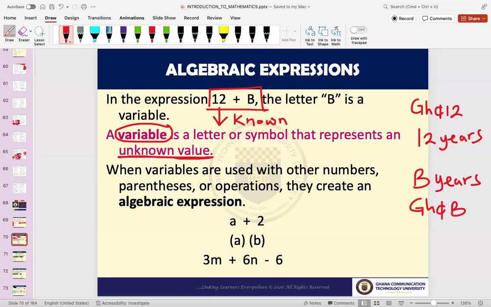Why? Because b is an unknown value, which may change or may not change. As for 12, 12 will never change. 12 is 12. So that is known.